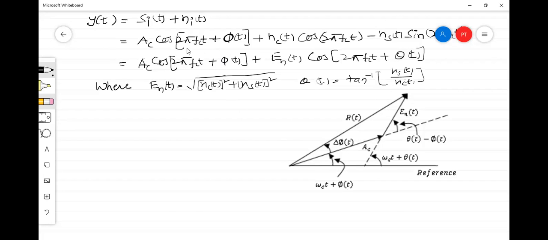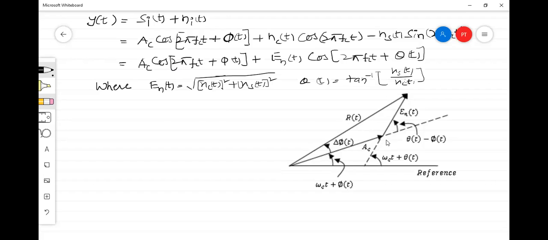It's very simple. This is a time changing angle, and Ac into cos of a time changing angle will give us a rotating phasor. Look at this diagram. This is a rotating phasor corresponding to FM.